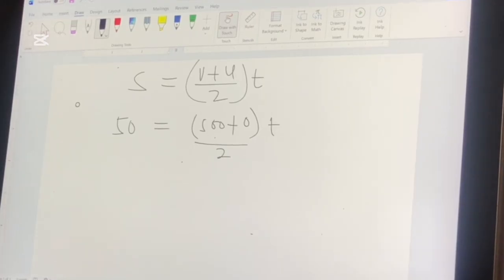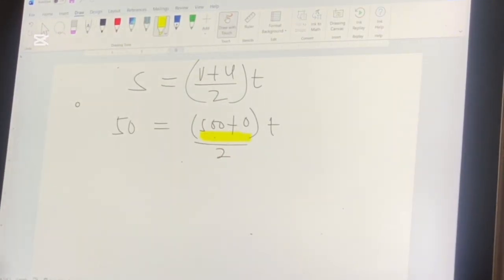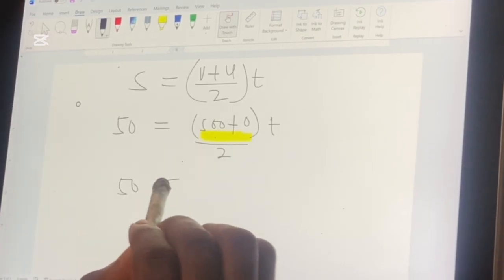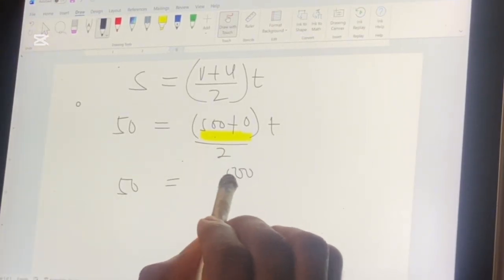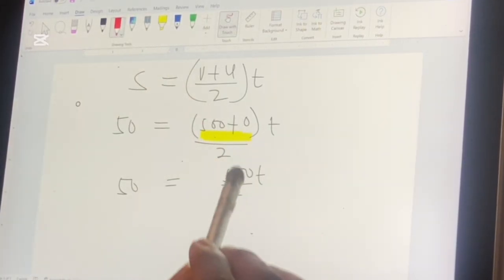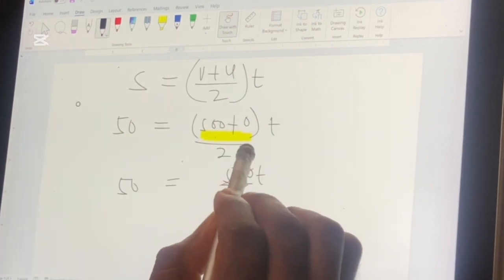So we know that whenever you have any expression and there is a bracket in that expression, first of all, simplify what is inside the bracket. When you do that, 500 plus 0 will give us 500. So this will be 50 is equal to 500 over 2 times t. So 2 goes into 2 once, 2 goes into 500, 250.